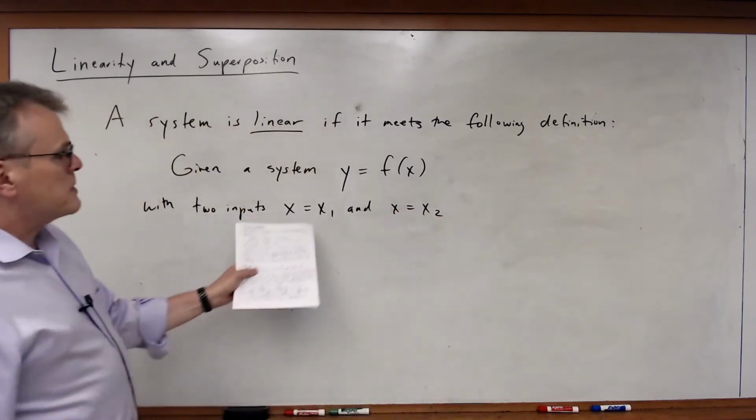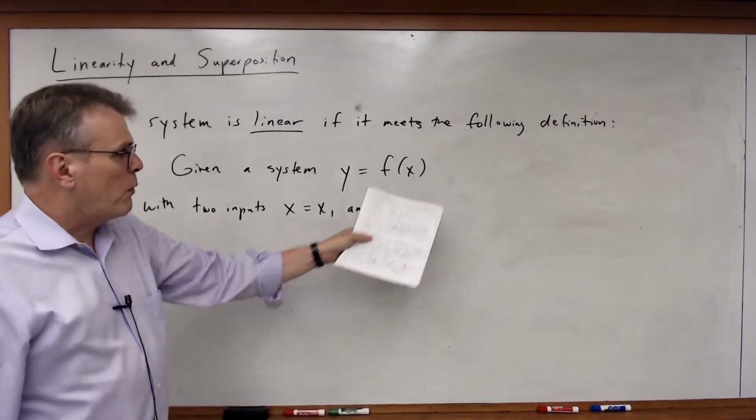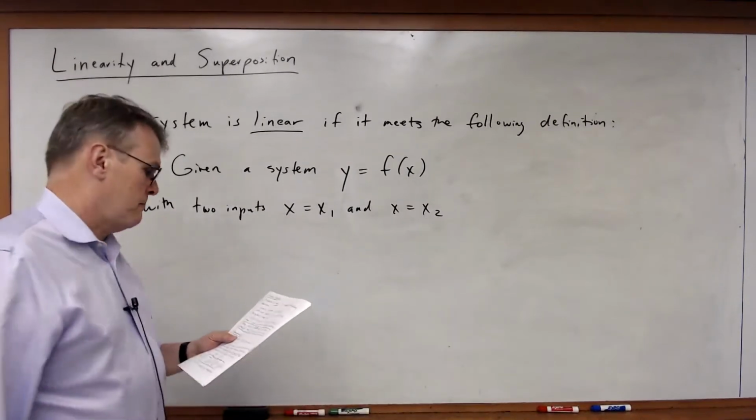So let's assume that x is either equal to x1 or x2, two possible inputs to that system.